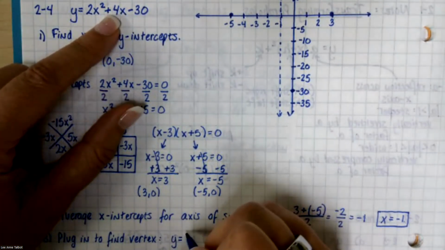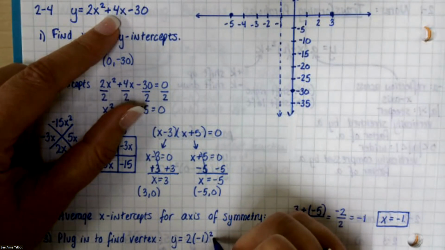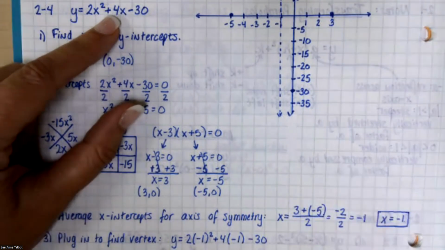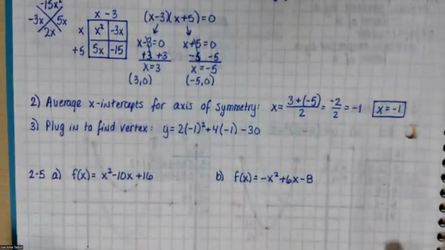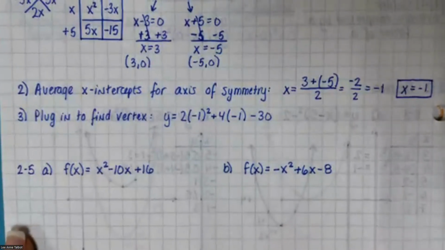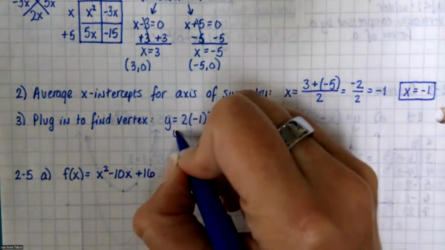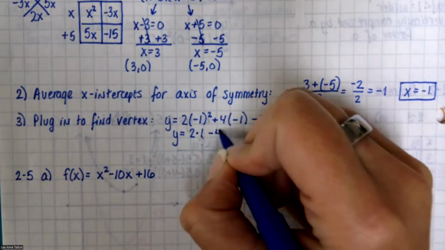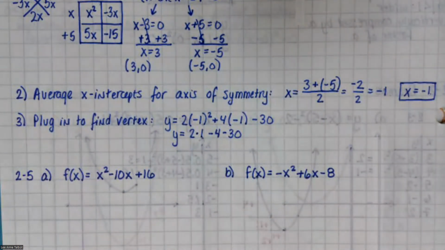So y equals 2 times -1 squared plus 4 times -1 minus 30. This is -32.